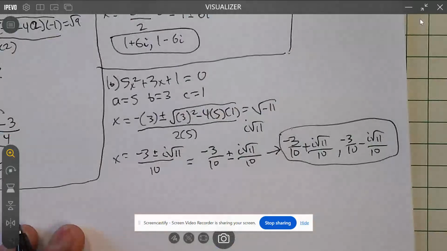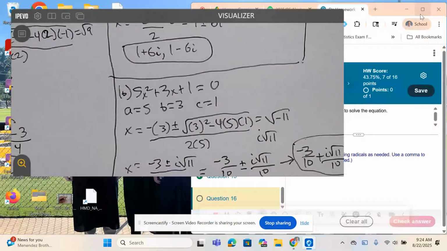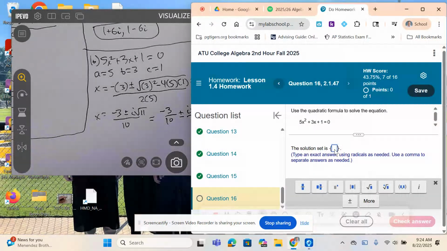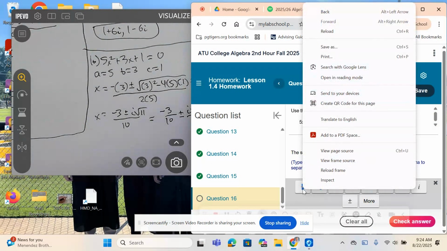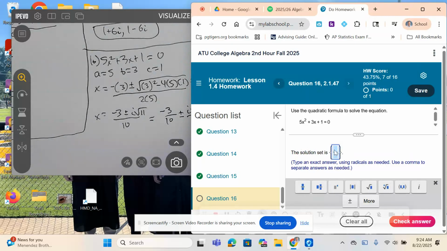So I'm going to put this in here. So -3/10 plus i square root of 11 divided by 10.